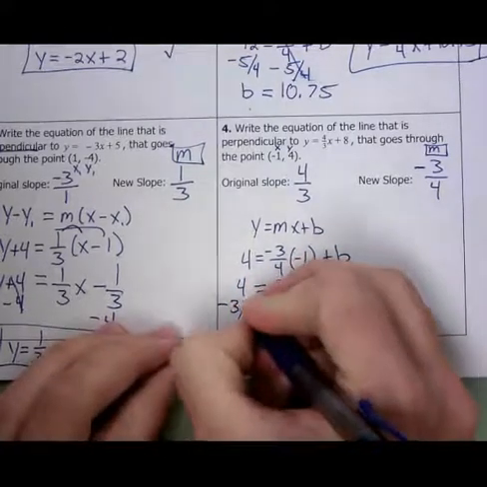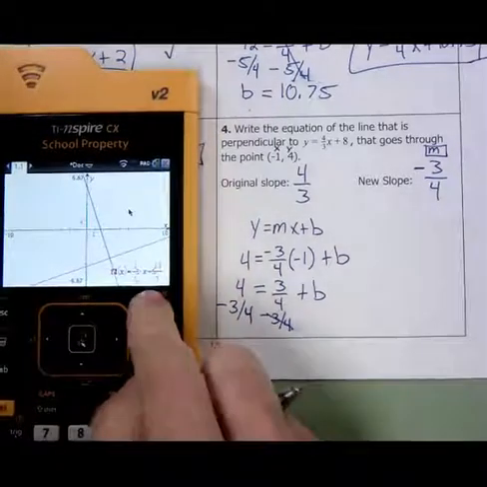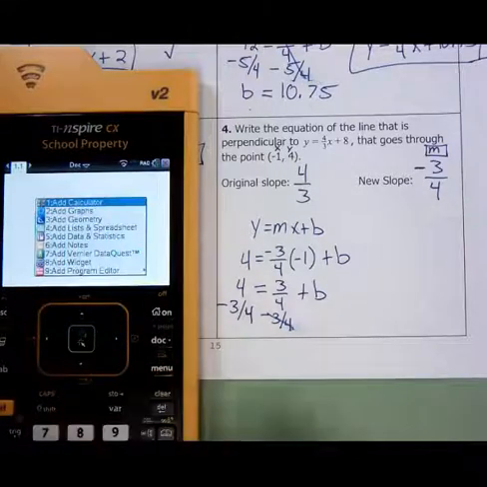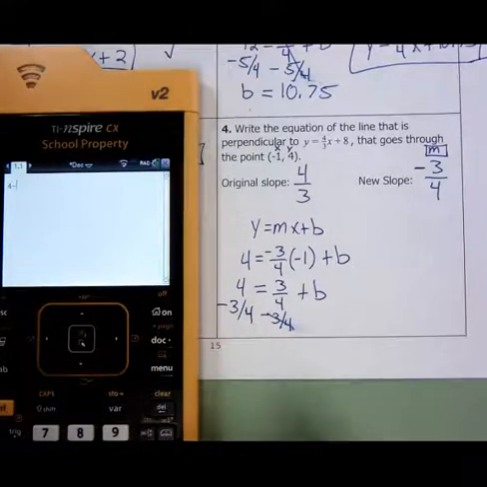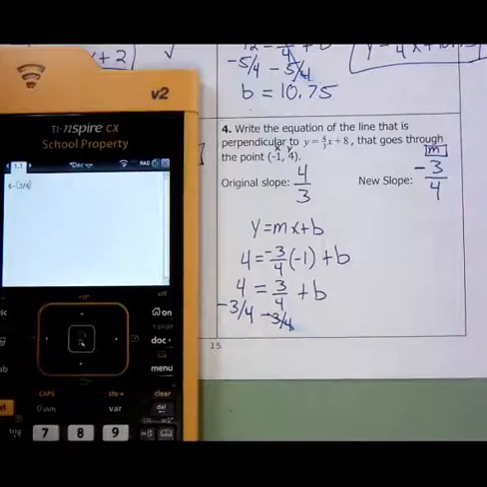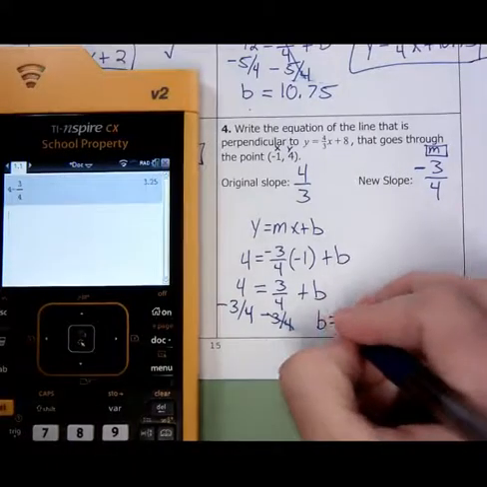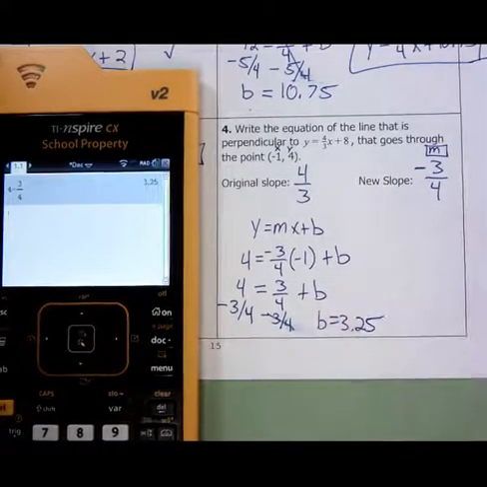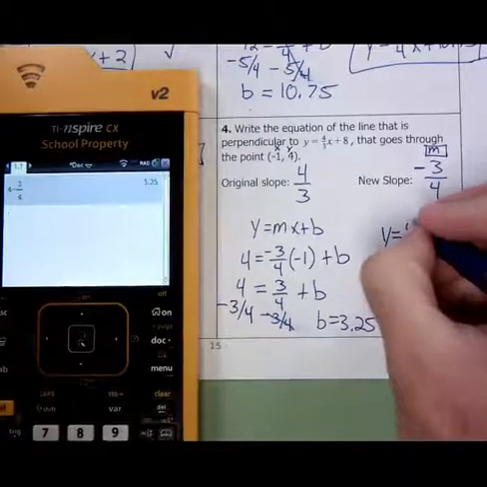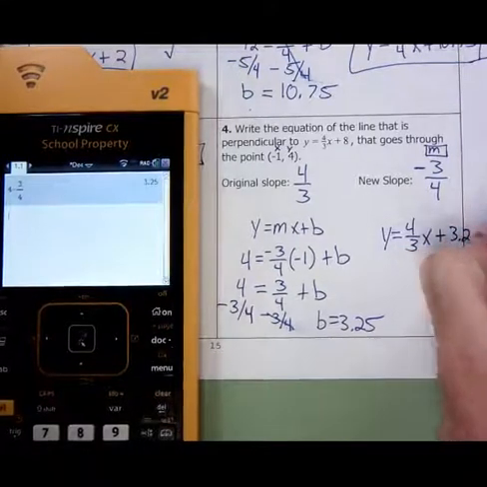Subtract over the 3/4. I know we don't like fractions, so I'm going to pull out my calculator and let it do all the work for me. I'm going to do 4 minus 3, put it in parentheses just in case, close parentheses, control enter, and it tells me that b equals 3.25, which I like, it looks pretty, and so the equation is y equals negative 3 over 4 x plus 3.25.